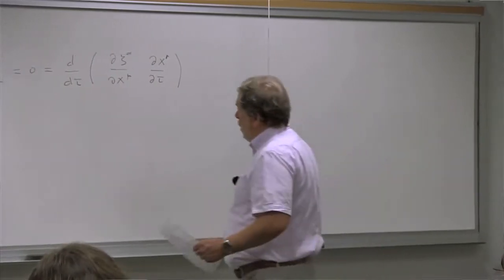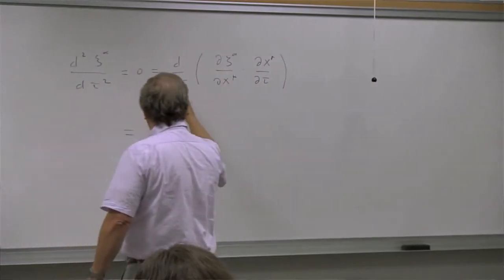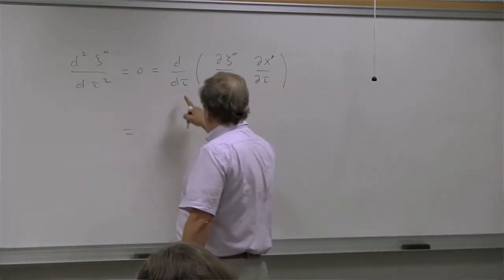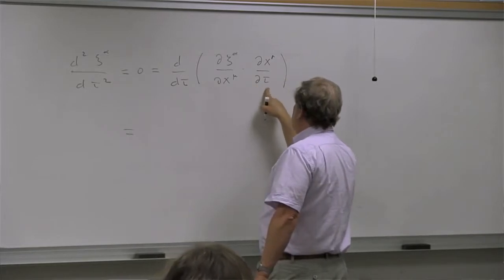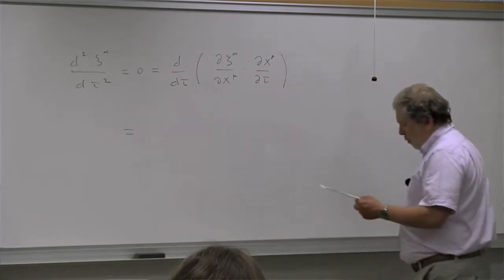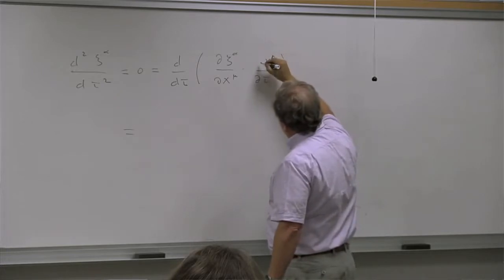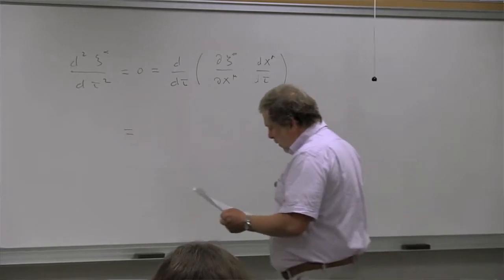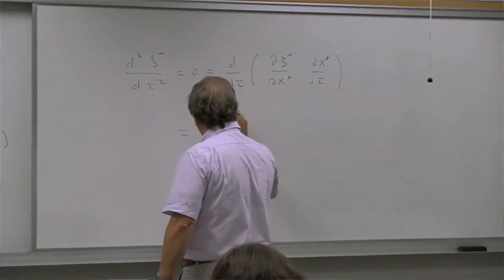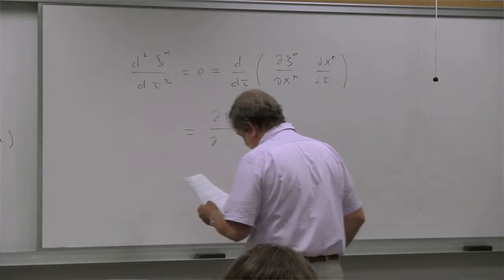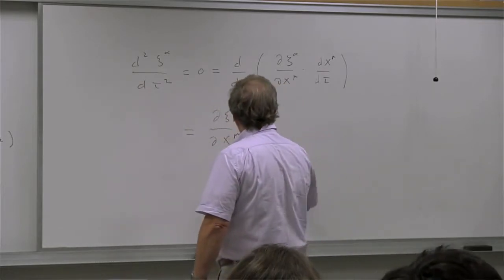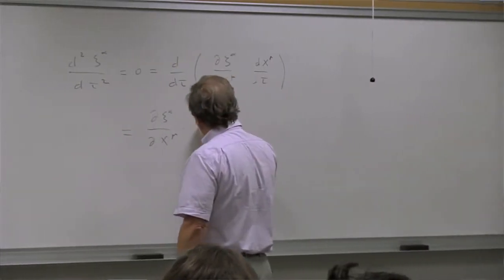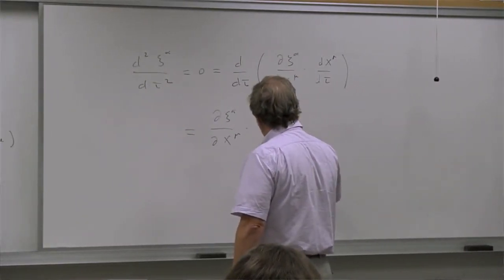And so now we carry out this second derivative. The second derivative means that the first thing is we're going to take a derivative of x mu with respect to tau. In fact, it's enough to just write a derivative like this because it's a single parameter. So we can write this as d psi alpha by dx mu times the second derivative of x mu with respect to tau squared.